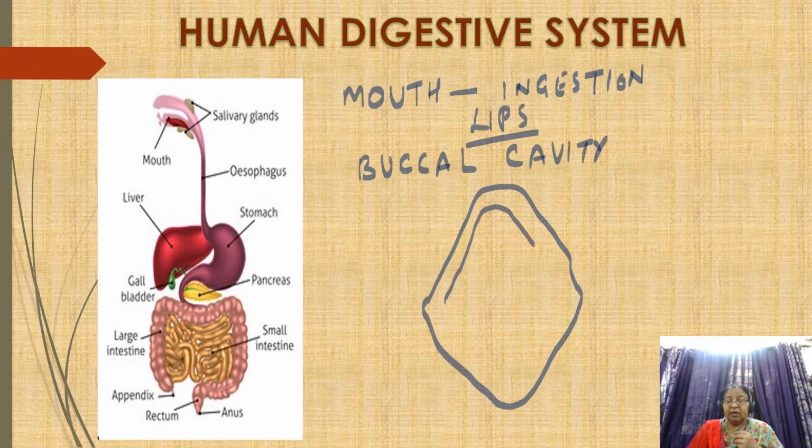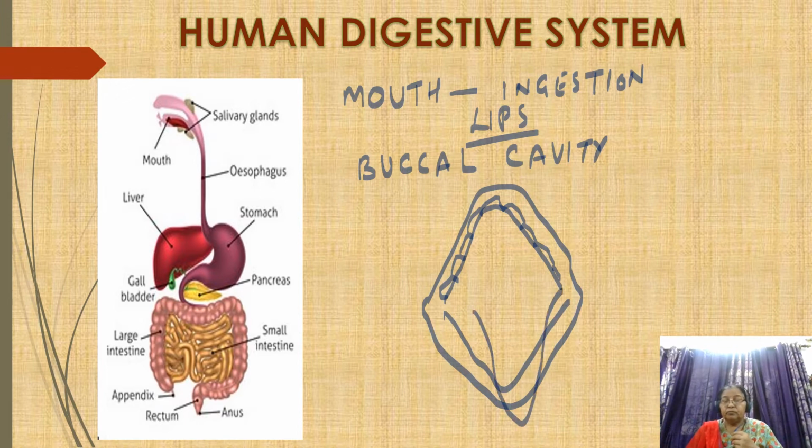Here you will see a row of teeth. These are the teeth, and similarly on the lower side also. On the lower side there is a tongue. First, let's discuss teeth. What are the different types of teeth? There are four types of teeth.